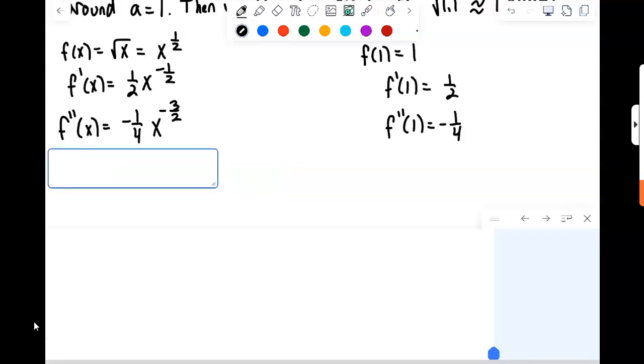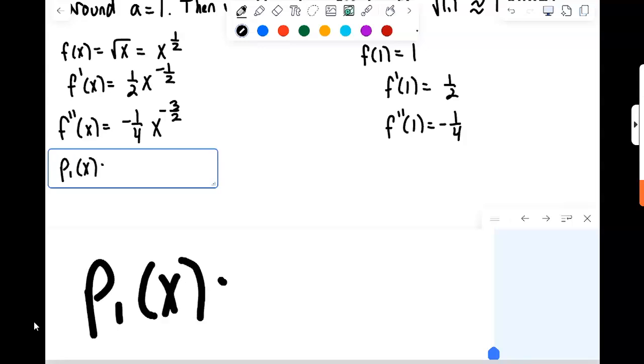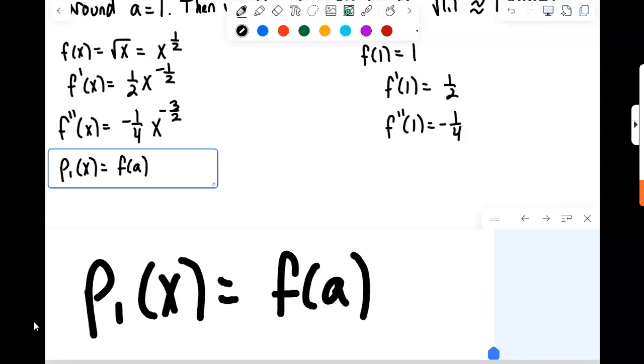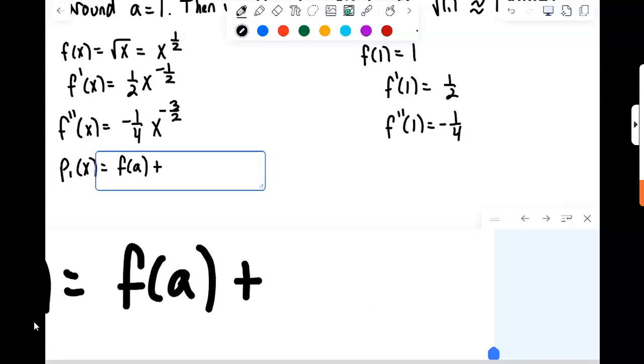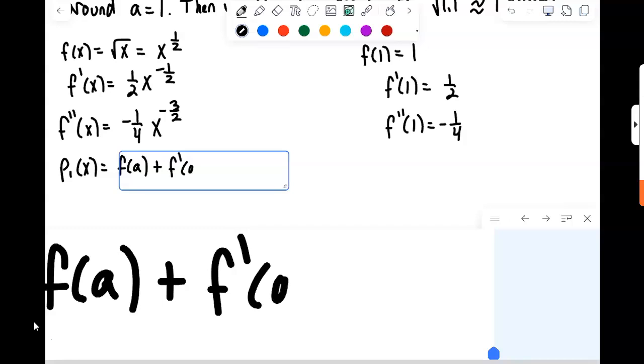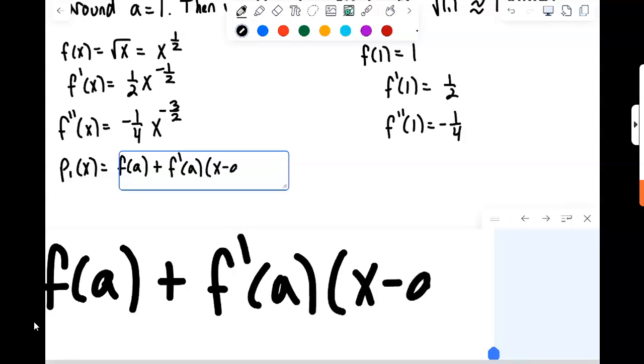All right, so the polynomial of degree 1, right, is f of a plus f prime of a times x minus a.